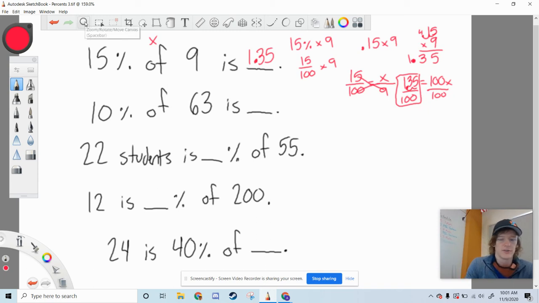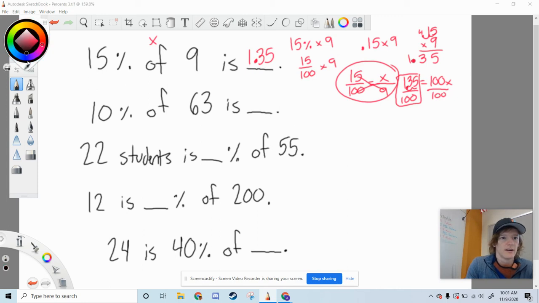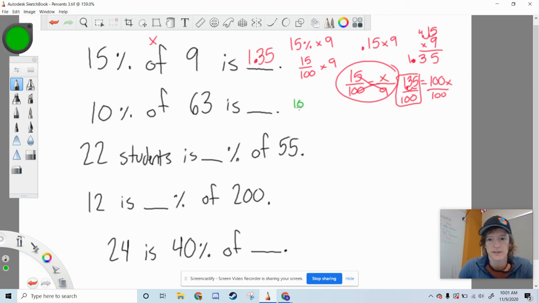For the next one, I'm going to solve it with a proportion like this. So let me get 10%. So 10 out of 100. So 10% of 63 is what number? Is 63 our whole, or is it the part? If we're going to find out what this part of 63 is, well, 63 is going to be the whole.